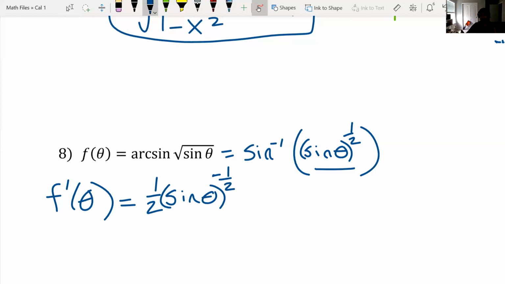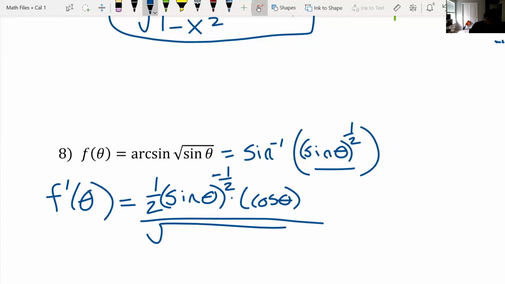That's the derivative of the outside, times the derivative of the inside, cosine theta. So all of that's in the numerator, over the square root of 1 minus the inside function, which is sine theta to the 1/2, squared.